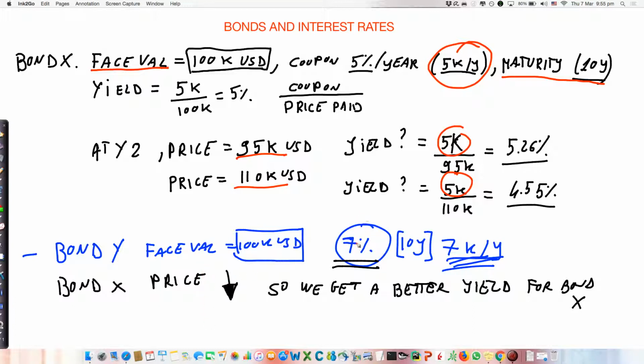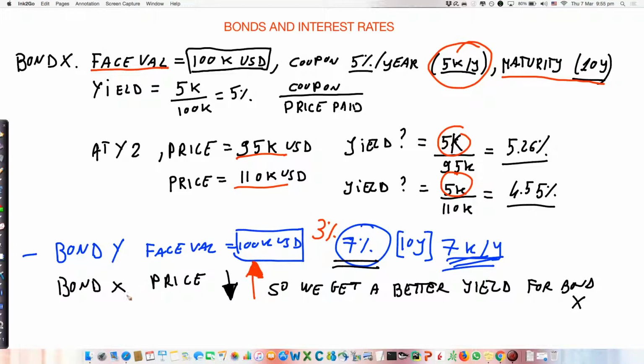At the same time, if the new bonds, for example, got 3%, then what happens to the old bond? Well, the price will go up. Why? Because now the interest of the old bond is much more attractive, so people will want to buy it, and this will drive the price up. And what will happen is that eventually, if the price provides a yield that is similar to the new bond, it will make not much difference choosing one or the other.